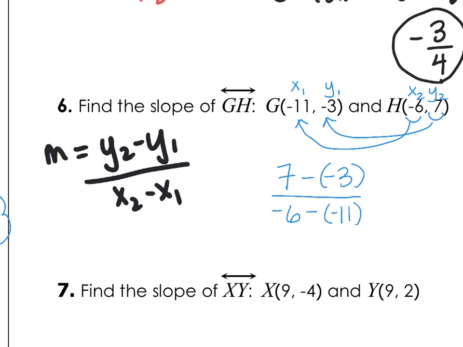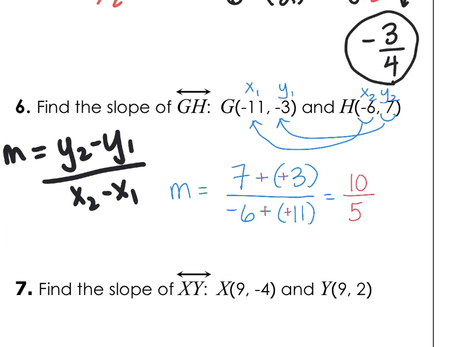That's going to be my slope. 7 minus a -3, type that into the calculator. Minus a negative is adding, so that would be 10. And -6 minus a -11: if you have two minuses next to each other, you can make that adding. So that ends up being 5.